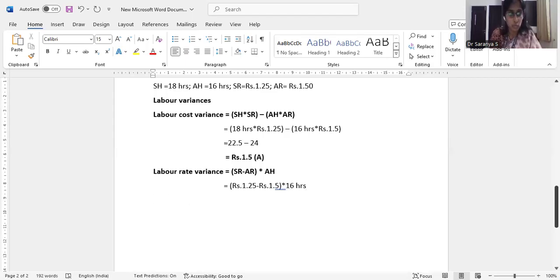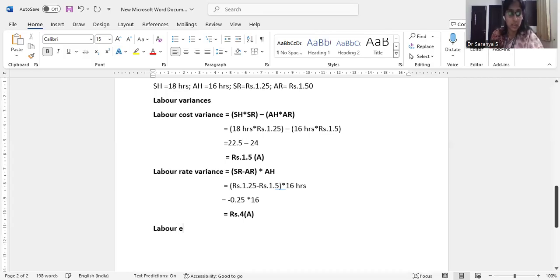So 1.25 minus 1.5 is minus 0.25 rupees, correct? Into 16. Obviously the answer is minus, 4 rupees. So A for adverse.